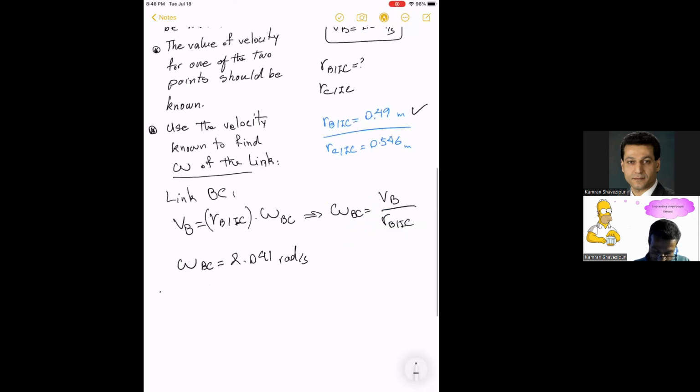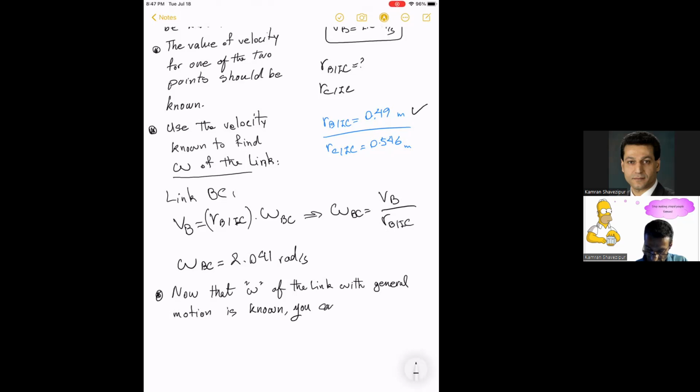Now that we know the omega of the link with general motion, you can find velocity of any point on that link.